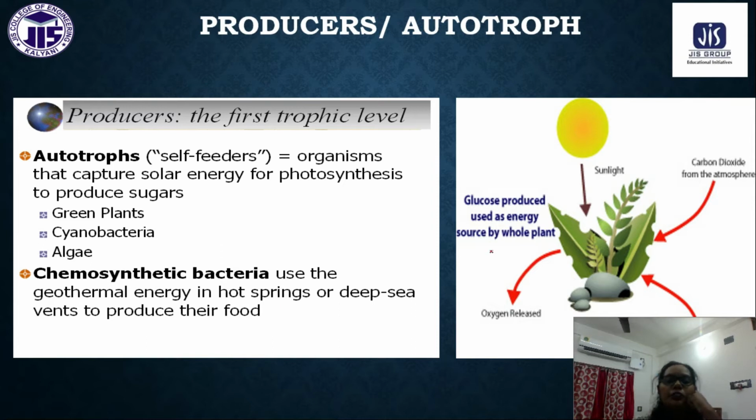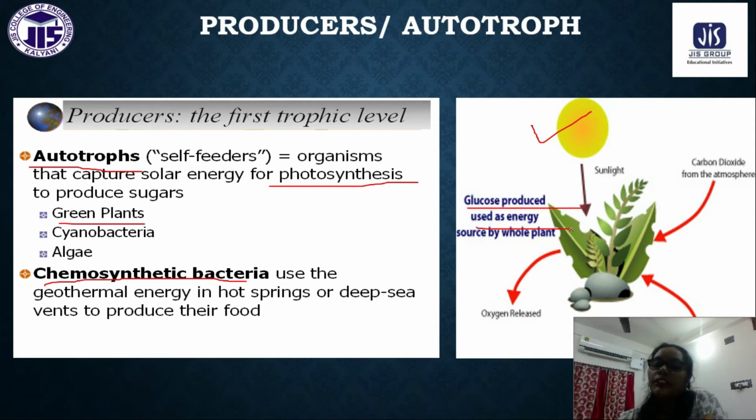Now producers. We can classify the producers again into two types: one is autotroph, one is chemosynthetic chemotroph. Autotrophs means all types of green plants which, with the help of photosynthesis, that means with the help of sunlight, can produce their own food, glucose. So this is called autotrophs.